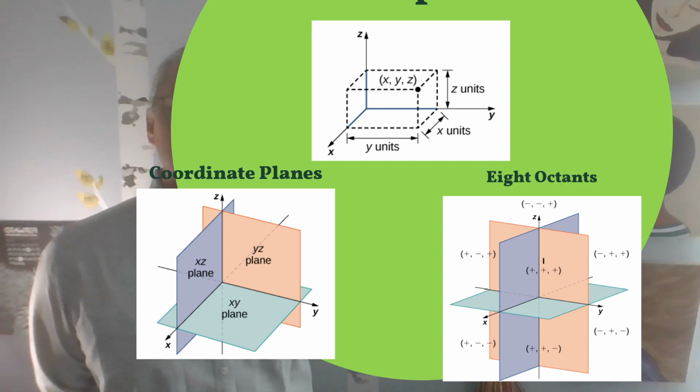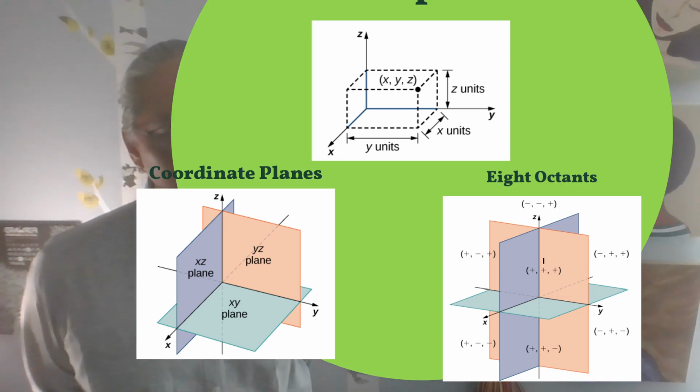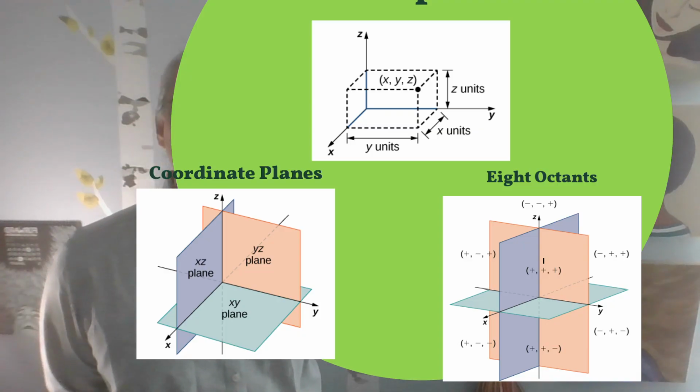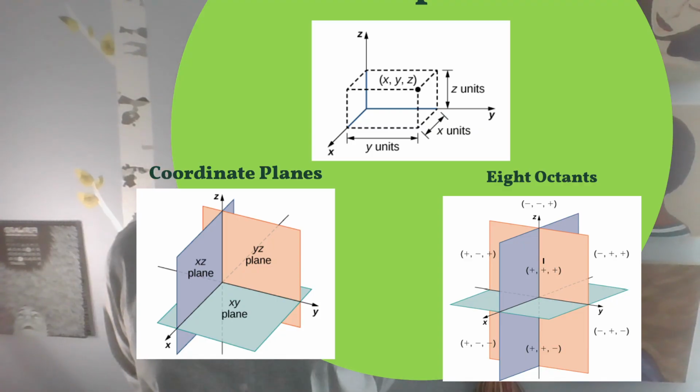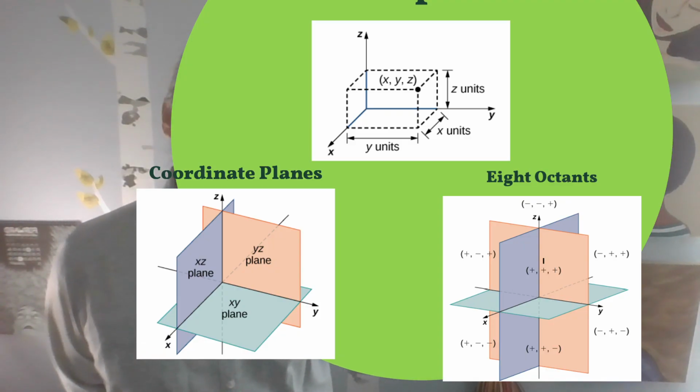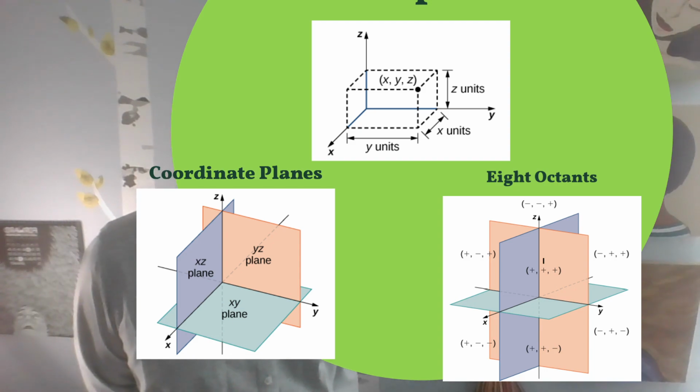And then just like we broke our two-dimensional regions into 4 parts in quadrants, we're going to break up our space into octants. The first octant is where all the variables, x, y, and z, are all positive. Just like in quadrants, we're going to move along in a counterclockwise direction, with the second, third, and fourth quadrants matching up with the second, third, and fourth octants.